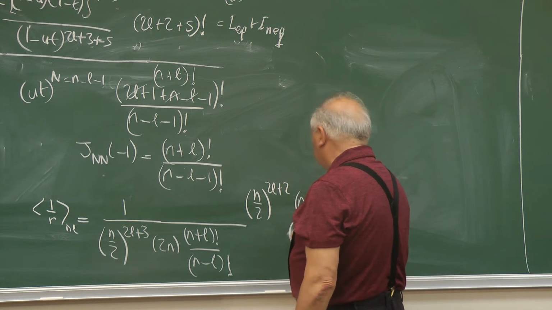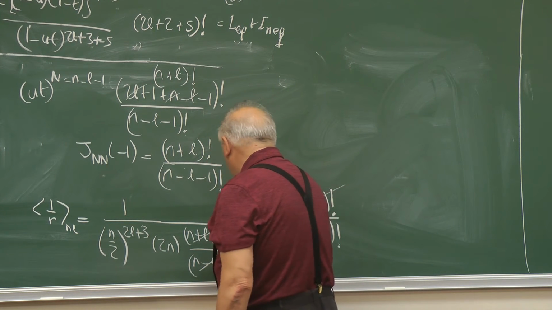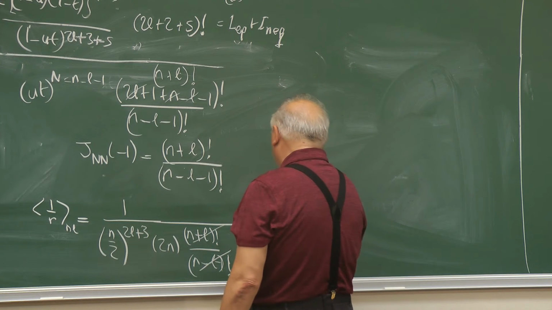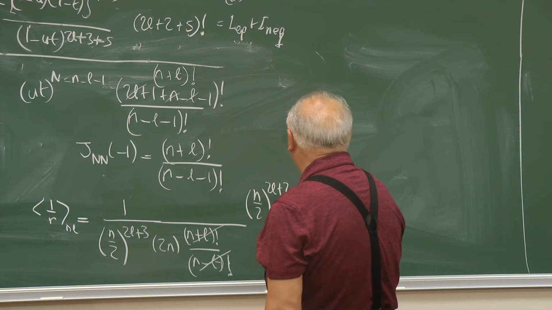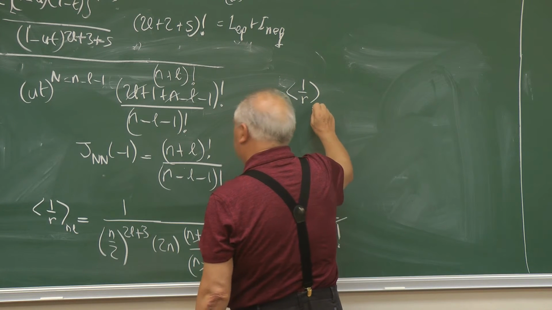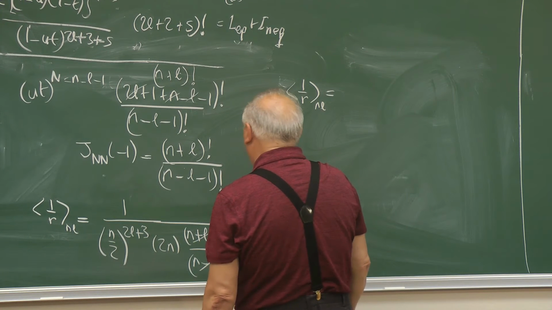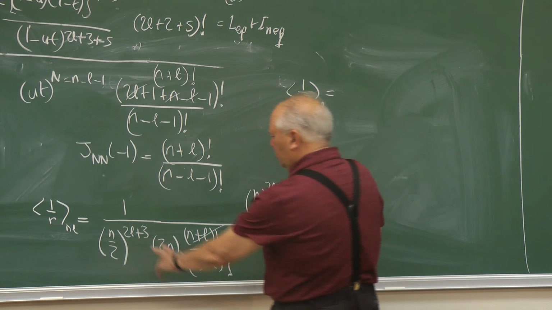So this cancels that. This cancels, there's a minus 1. That. One over r. 2l plus 2, 2l plus 3.